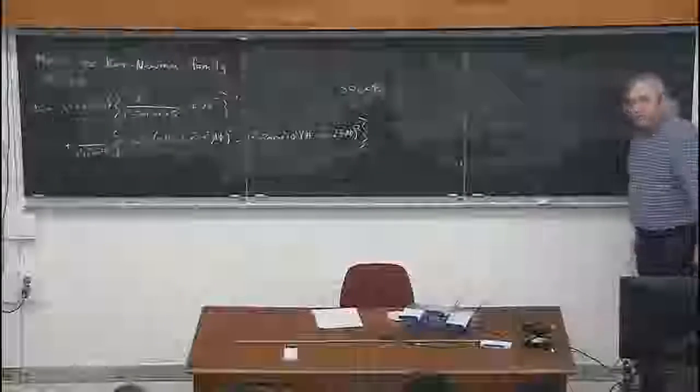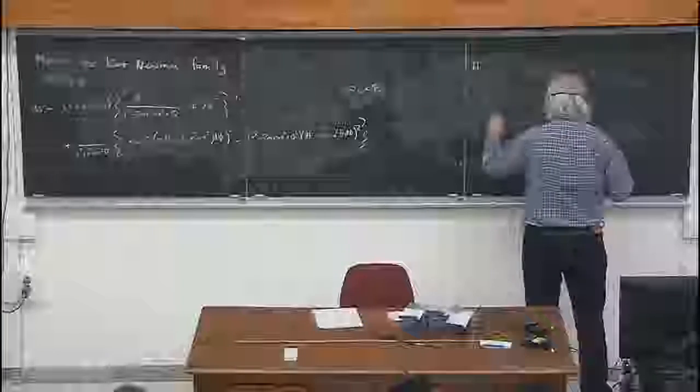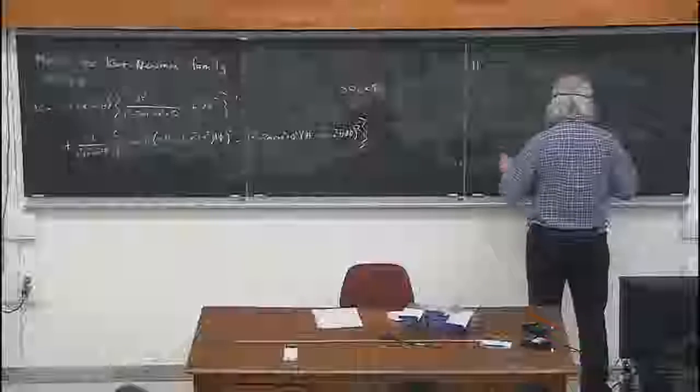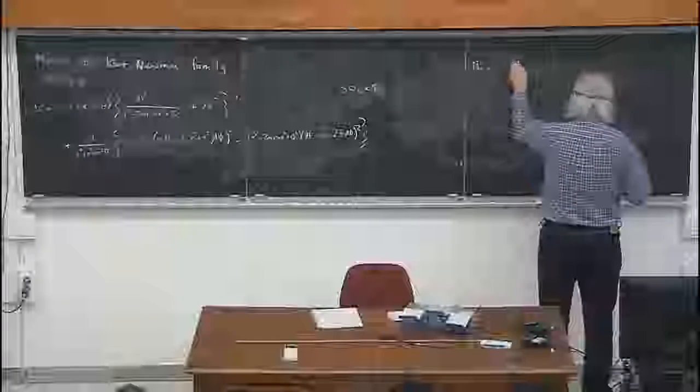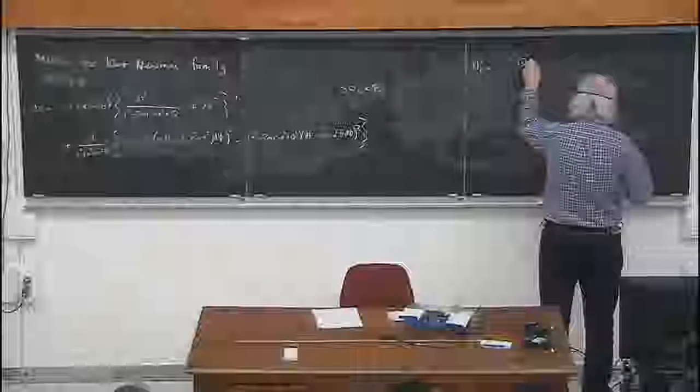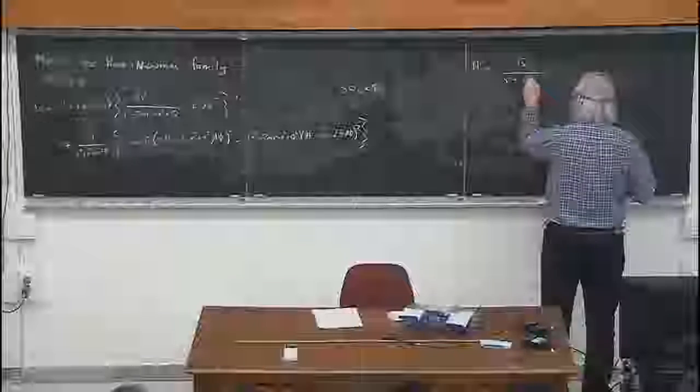The electromagnetic potential that comes with this is A_t equals rQ times r over (r squared plus a squared cos squared theta).